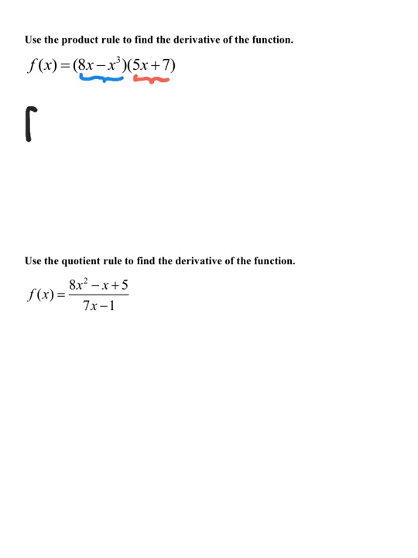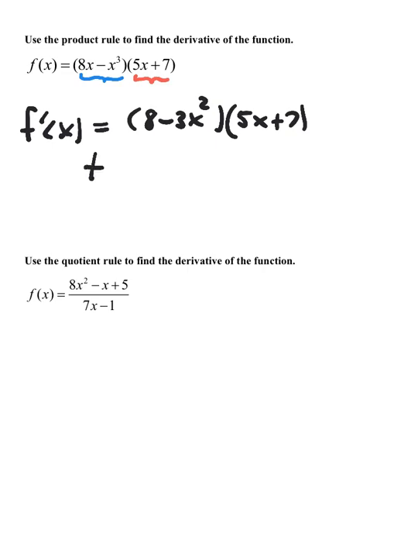When you take the derivative using product rule, you take the derivative of the first, which is the blue, multiply that by the second part, the red, left alone, plus, now you leave the first term alone, which is in blue, times the derivative of the second one, which is just 5, the part in red.